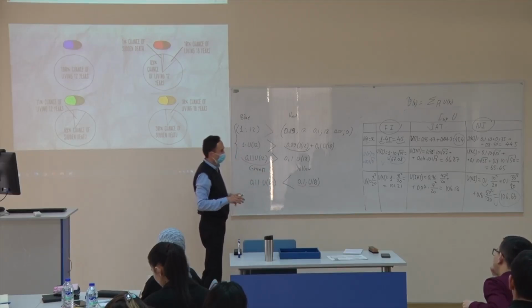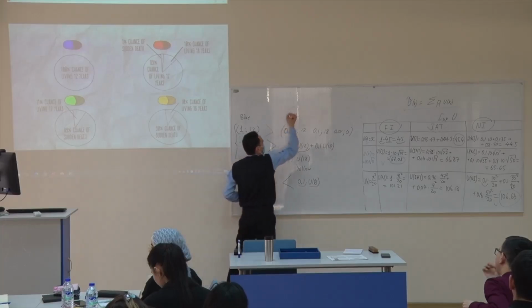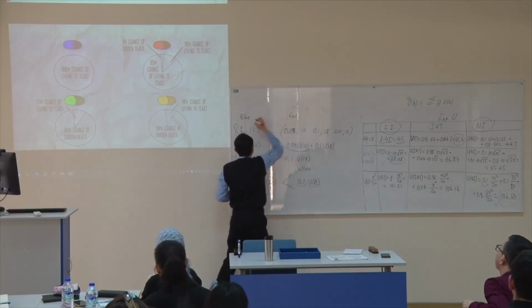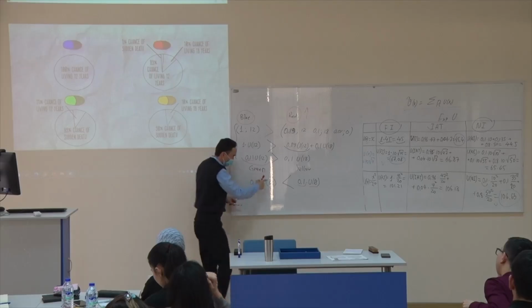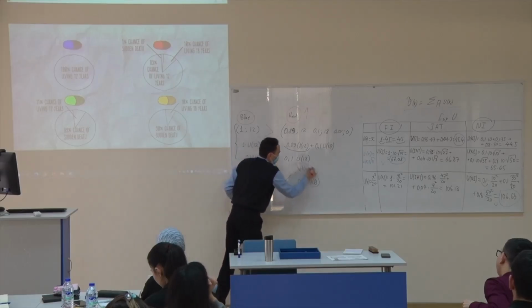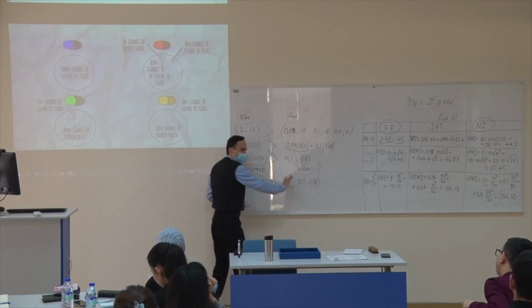If you try to calculate expected utility, you will get that the expected utility of red is greater than blue. And here, the expected utility of yellow is greater than green. This is no problem.